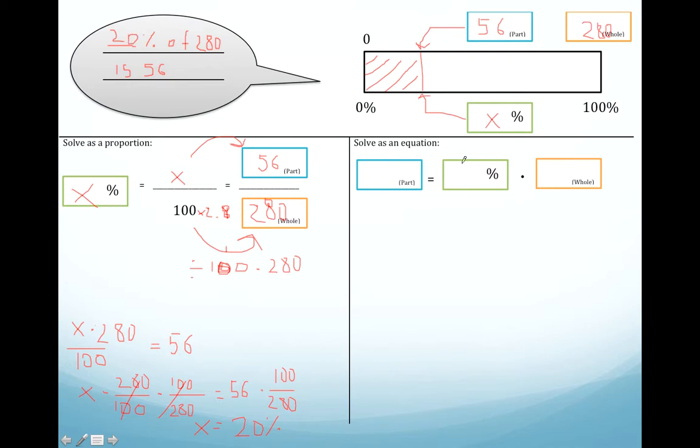And let's just quickly look at solving this as an equation. 56 equals x percent times 280. We want to divide both sides by 280 in order to isolate x.